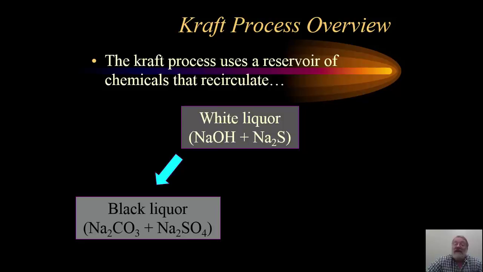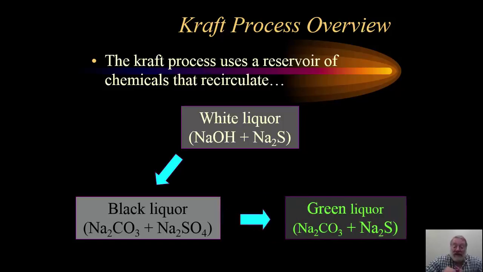It releases the fibers of cellulose, and the leftover material that has some dissolved stuff in it is called black liquor. It's a combination of sodium carbonate and sodium sulfate. That's processed in a recovery boiler that burns the black liquor and changes it into green liquor. So they get some heat out of it too.